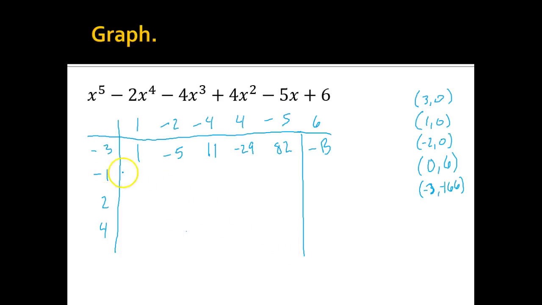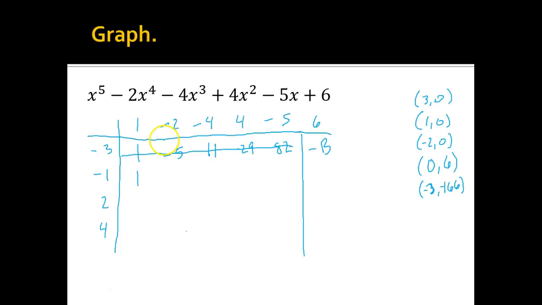Okay, so next one. At x equals negative 2, we know that y equals 0, so that line goes up, hits the x-axis, and we want to see where it goes after that. So we're going to plug in x equals negative 1. Cross off this line, we're done with that. Bring down the 1.